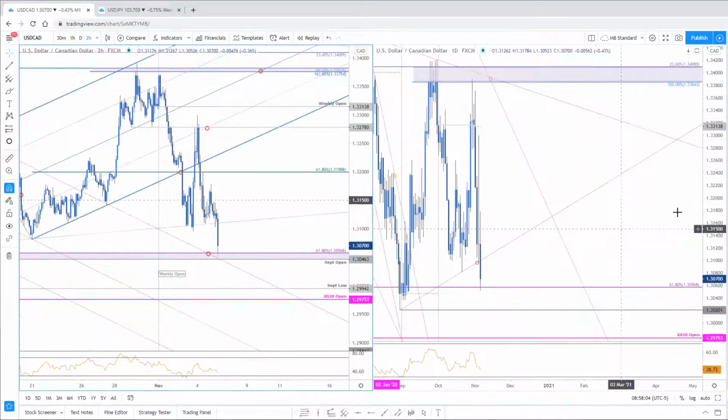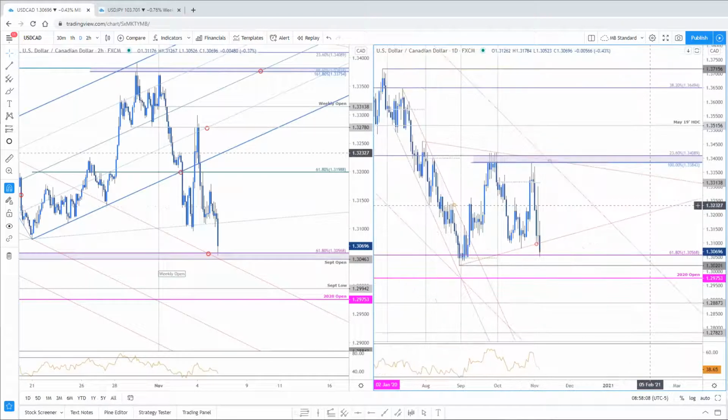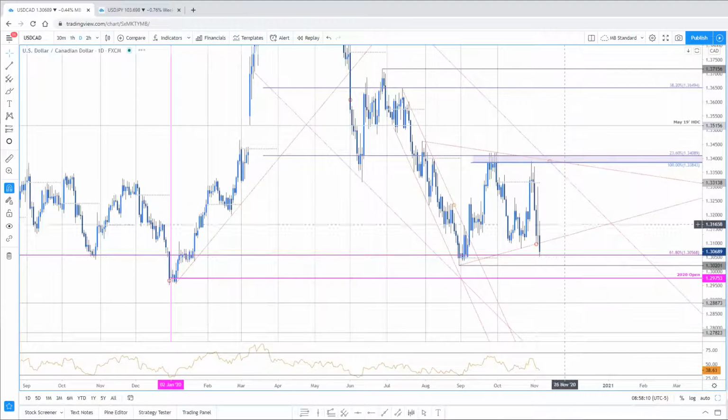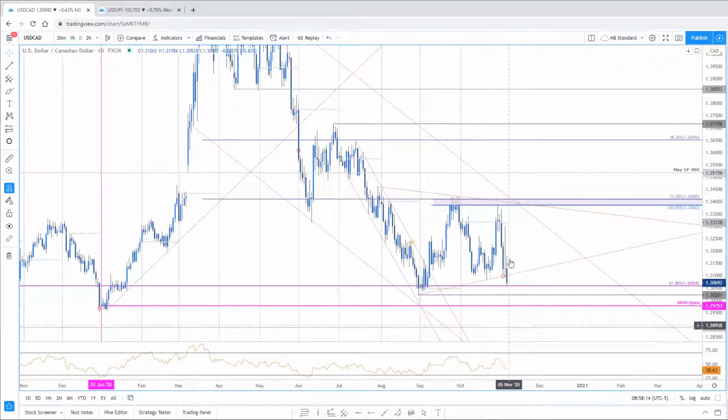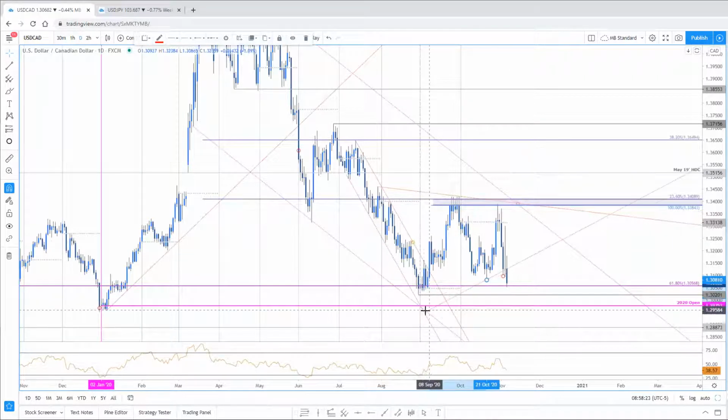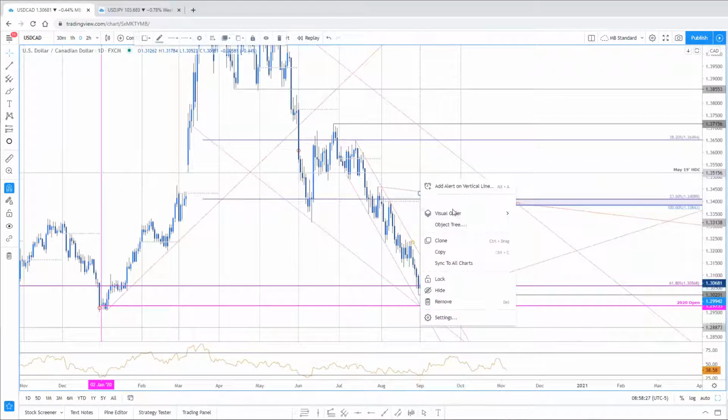Here's what dollar CAD looks like on the daily chart. So some of you might be looking at it from the confines of, well, Mike, it looks like a near-term consolidation and a break to the downside. Typically, I would be agreeing with you guys, but there's a couple of different things. So if you're a purist, the slope, if you actually take it from the low, is there. Let me make this line see-through so you can see that.